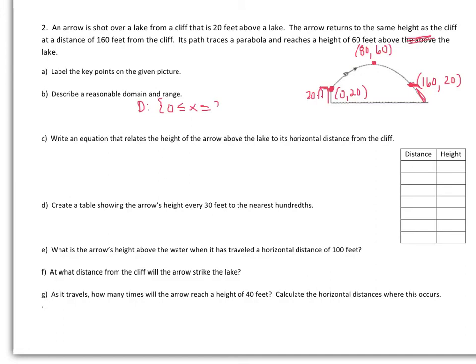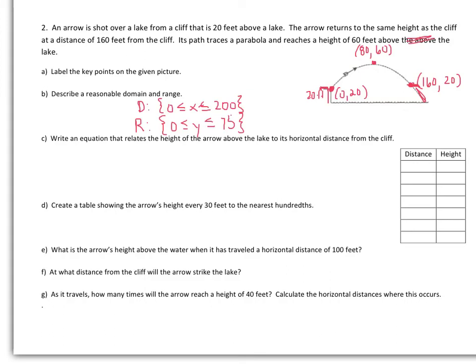So let's just make it to 200 just to kind of give it enough room. And then the range is from the bottom, which is at 0. So y is going to be between 0 and 60 feet. So let's just go ahead and make it 75 feet just to give us a little bit of room.